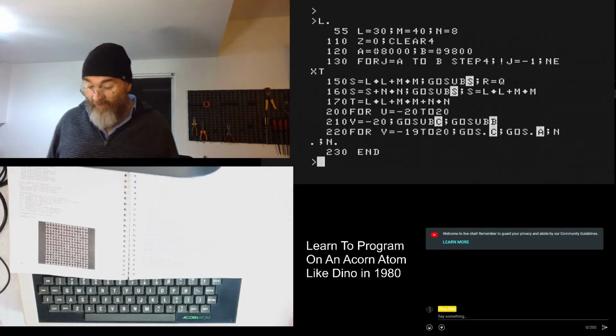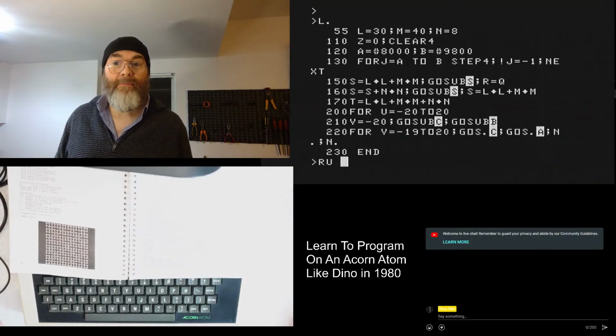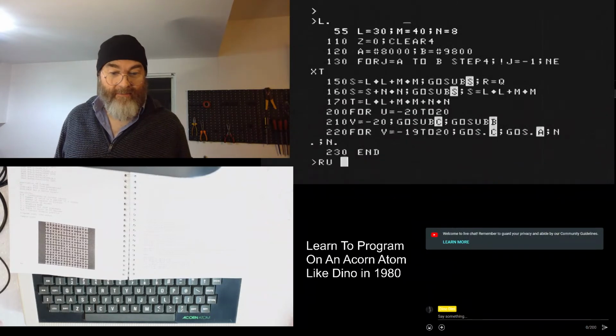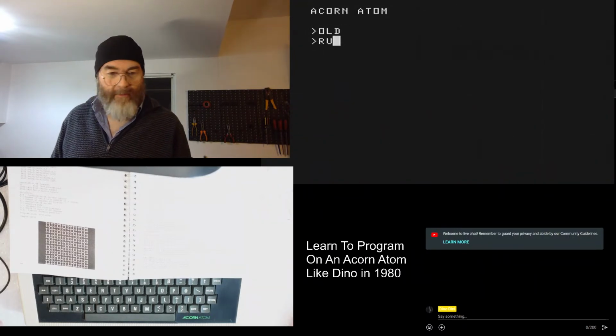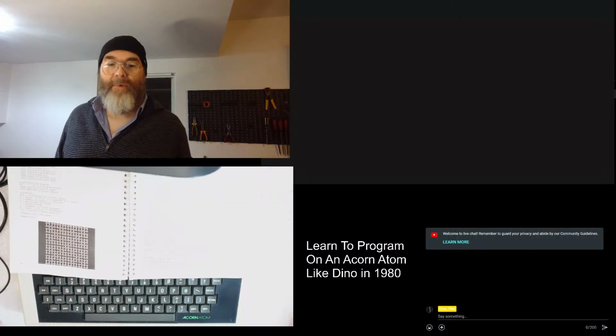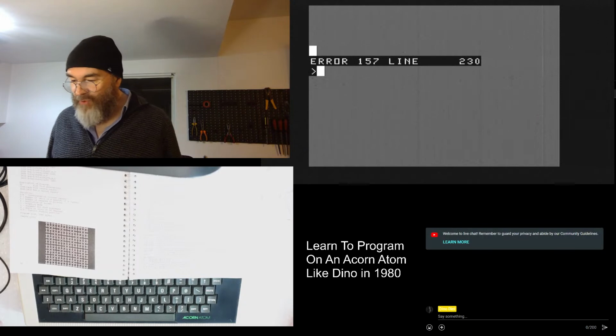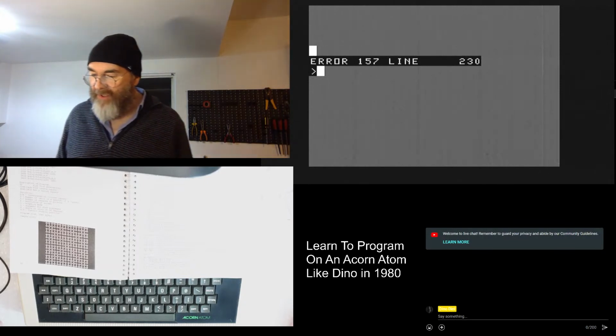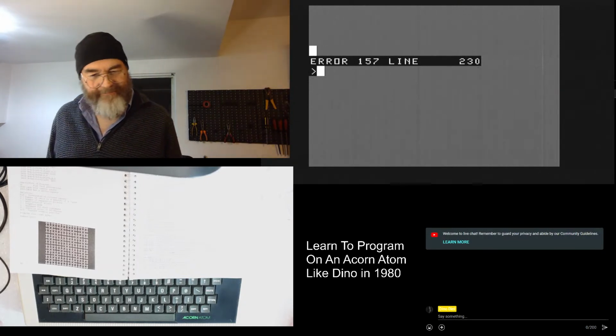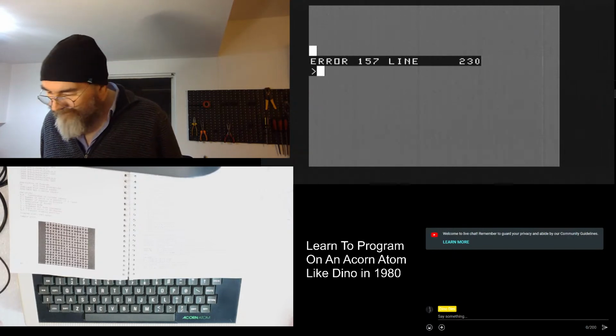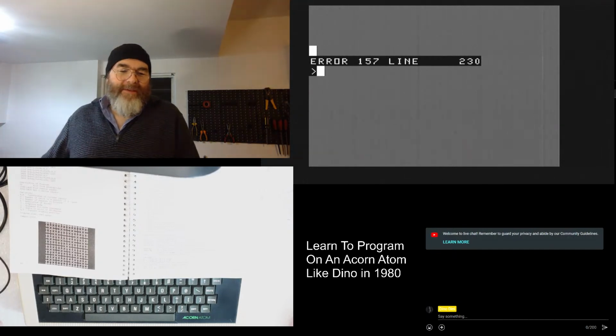So if we try and run this now, we will get an error 157 at line 230. That's interesting because 230 is at the end. Ah, yes, that's what was confusing.